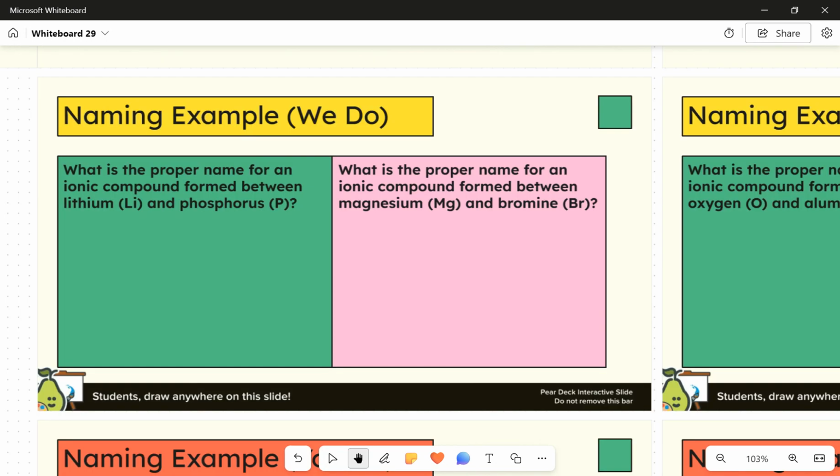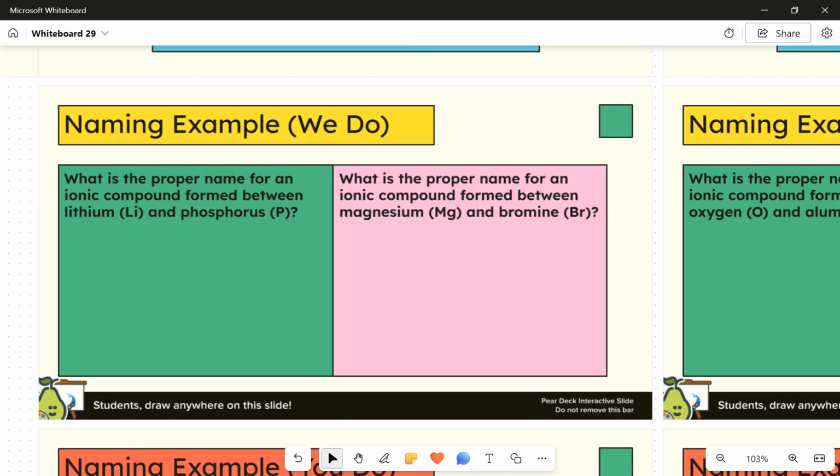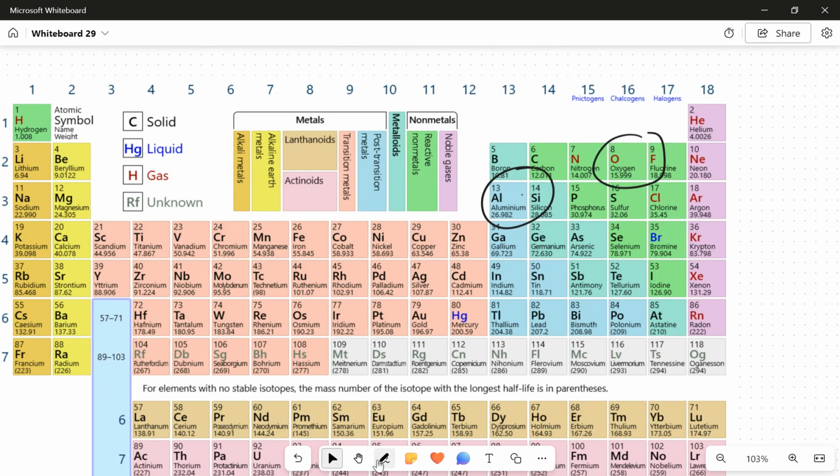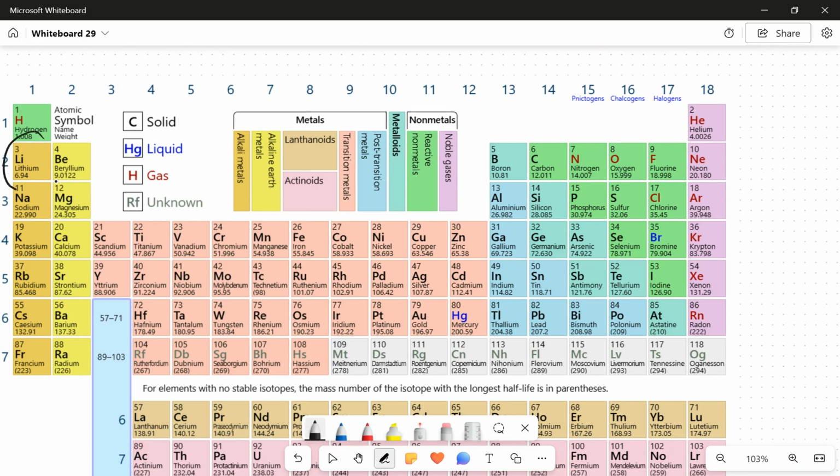I'm going to start working a little bit faster here because I've explained several of them. So we have lithium and phosphorus. Lithium is listed over here. Phosphorus is over here. So you can see lithium is closer to the left side, so it's going to get written first.